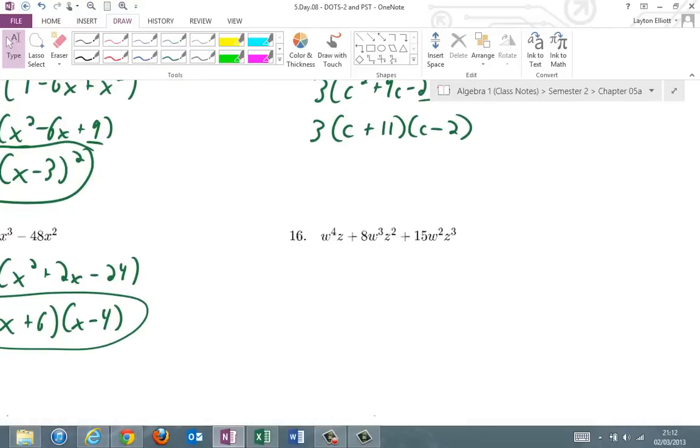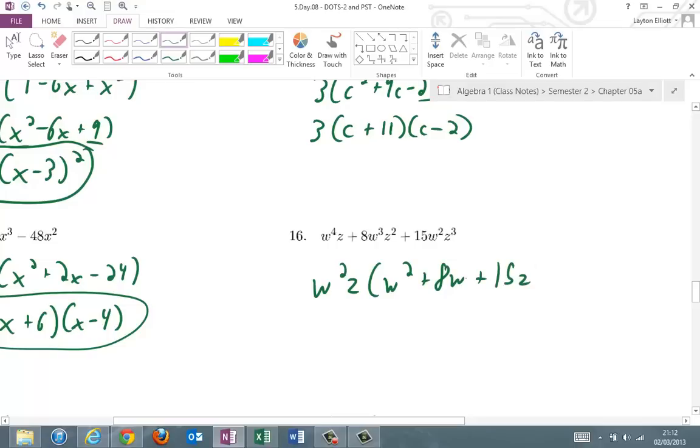Number 16, if I pull out a w squared and a z, then I can end up with w squared plus 8wz plus 15z squared.